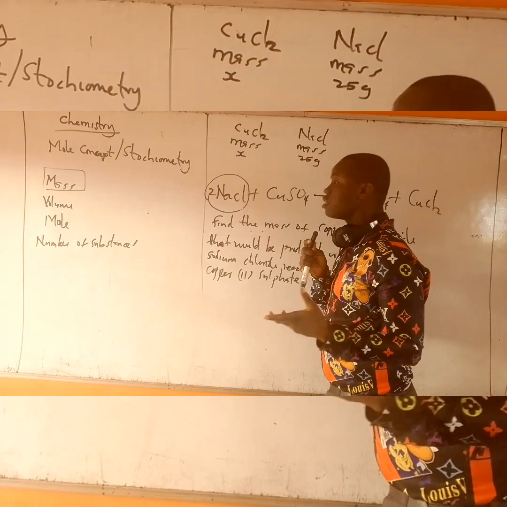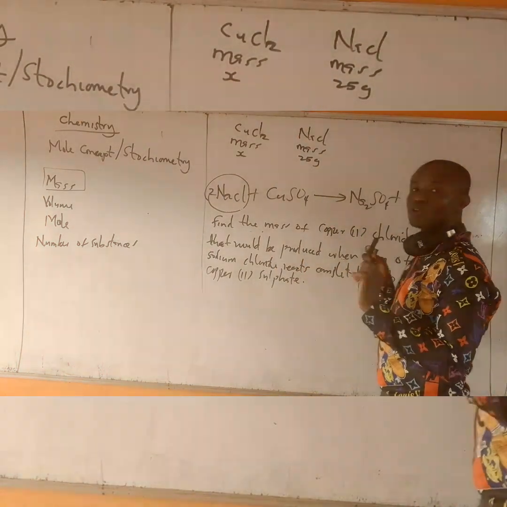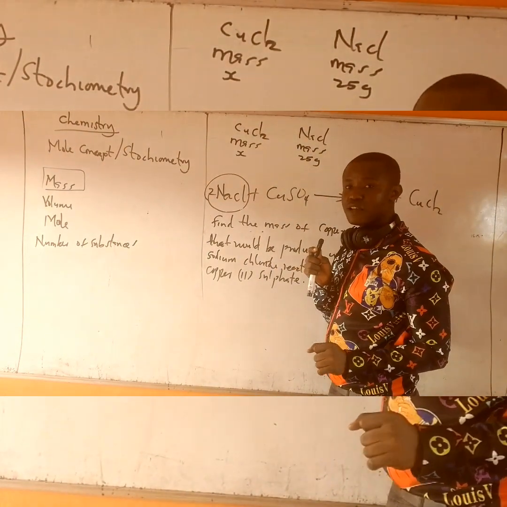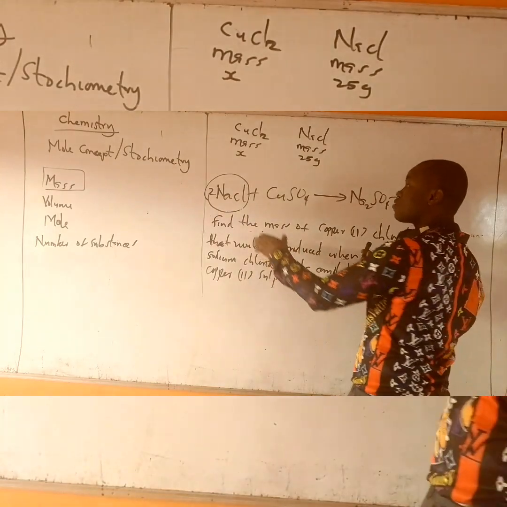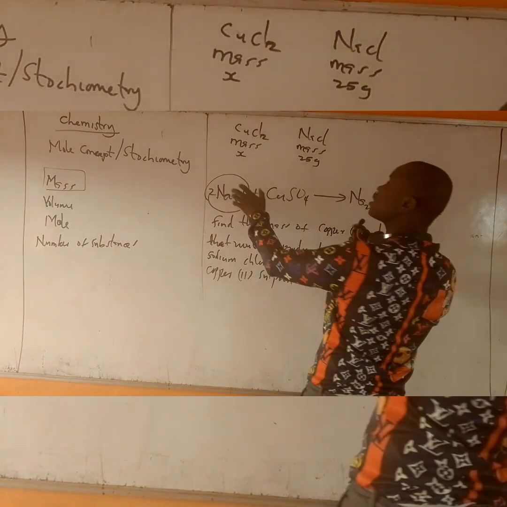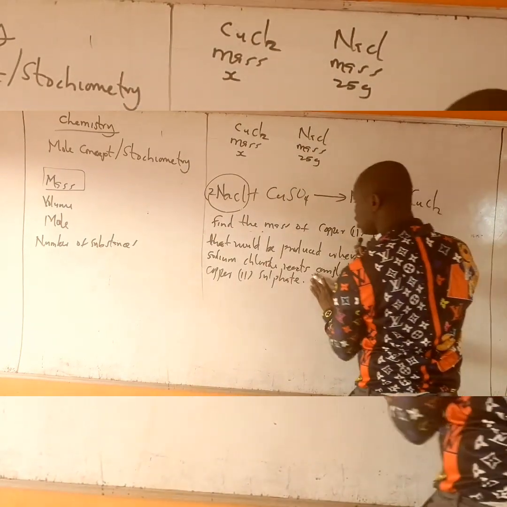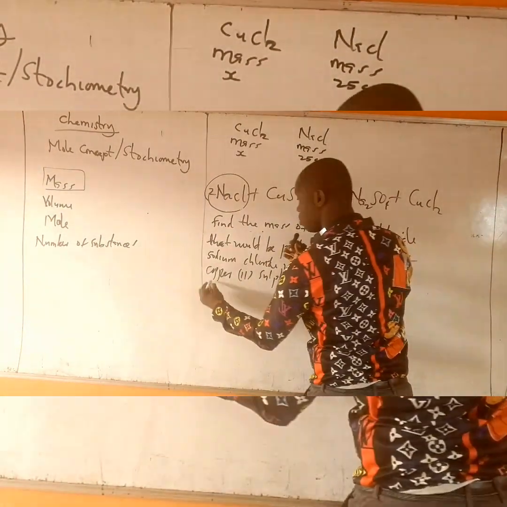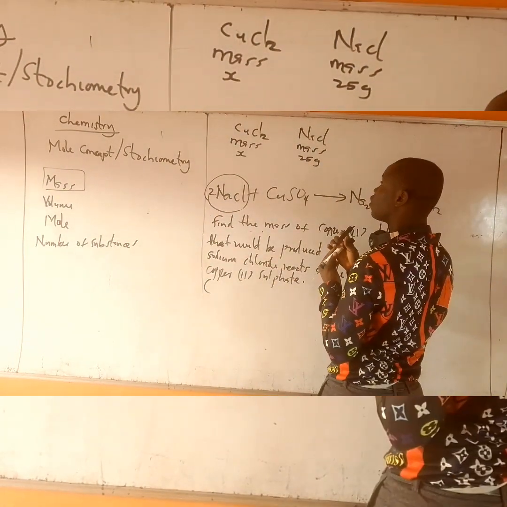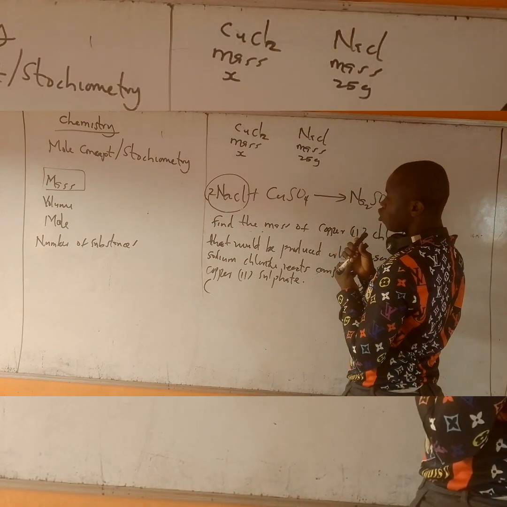Do you get it? So the next thing now is to look at the standard relationship. Are you getting it? The standard relationship, you get it from the equation. According to the equation, what is the mass of copper 2 chloride? Of course, in brackets, they will give you the relative atomic mass of each of the elements.